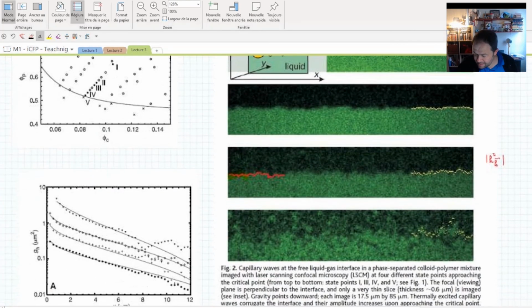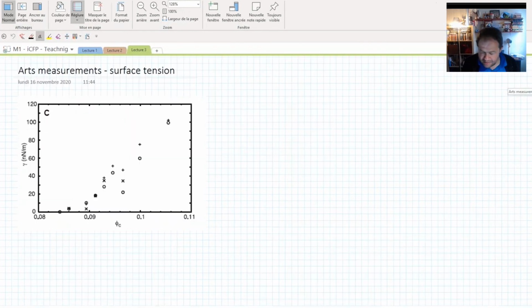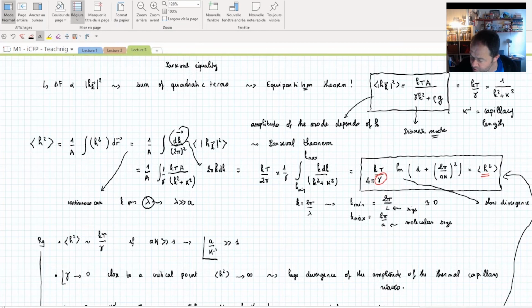And based on that, what is nice here is that, by extracting from the experiments, they were able to measure the value of the surface tension. Since we have predicted what it should be, we know everything with regard to the surface tension, so we know how the mode should decay with respect to the surface tension.